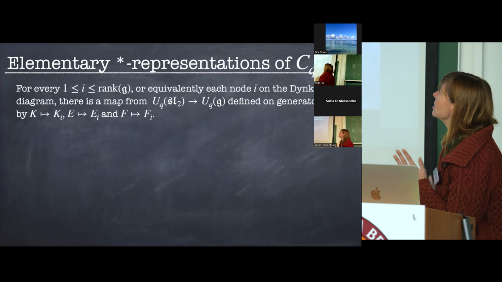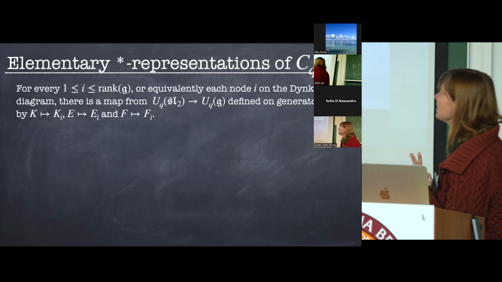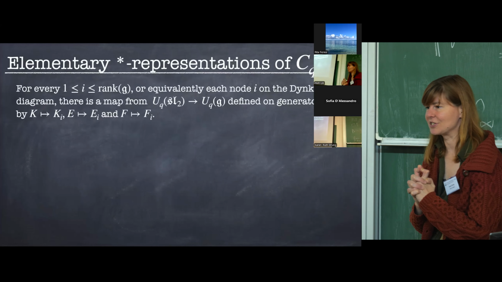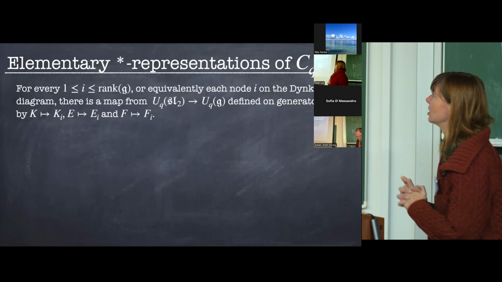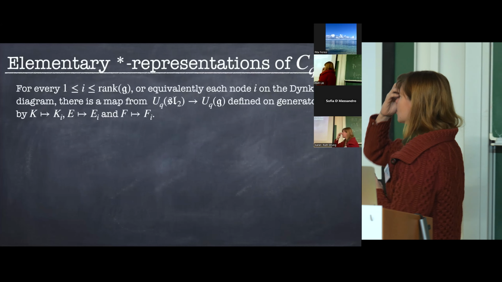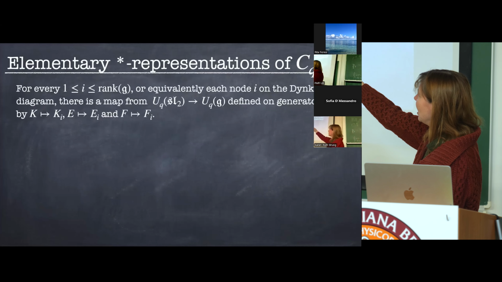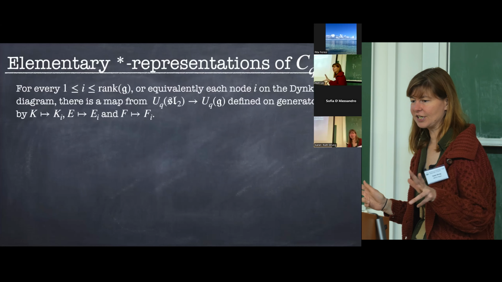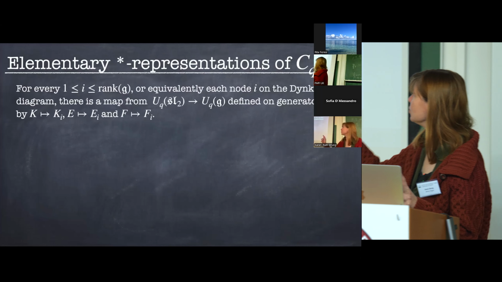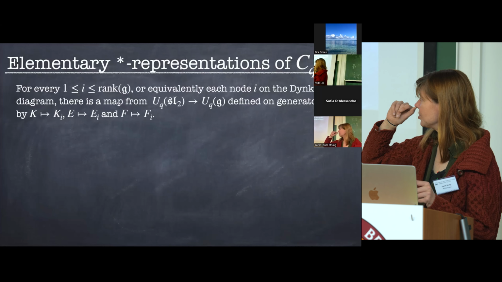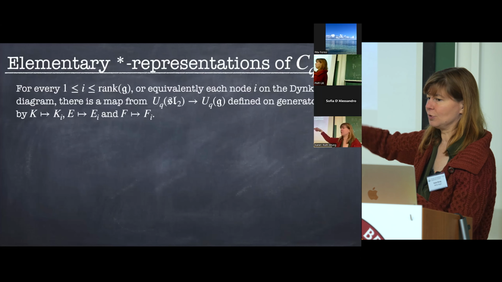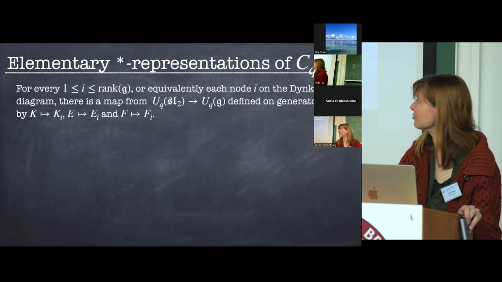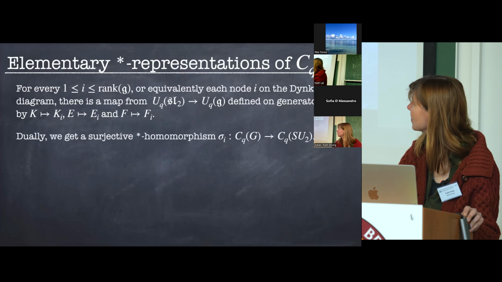Okay. So it turns out that this Weyl group is very much associated to star representations of the C star algebra. So for every i less than the rank of G, or equivalently every node on our Dynkin diagram, we get a map from U_q(sl2) to U_q(𝔤), which just maps the generators of U_q(sl2) to the relevant generators that you've indexed by that node.